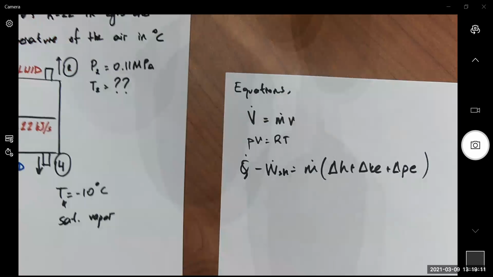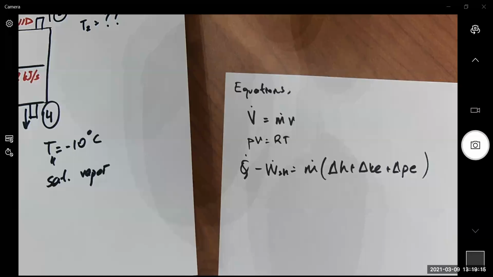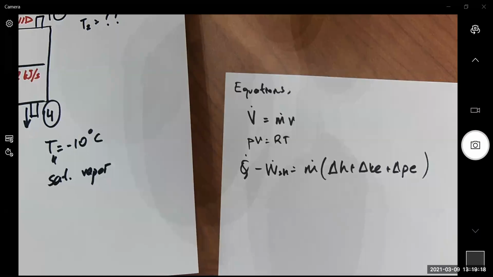So in the first case, case A, I'm asked to calculate the flow rate of refrigerant 22.